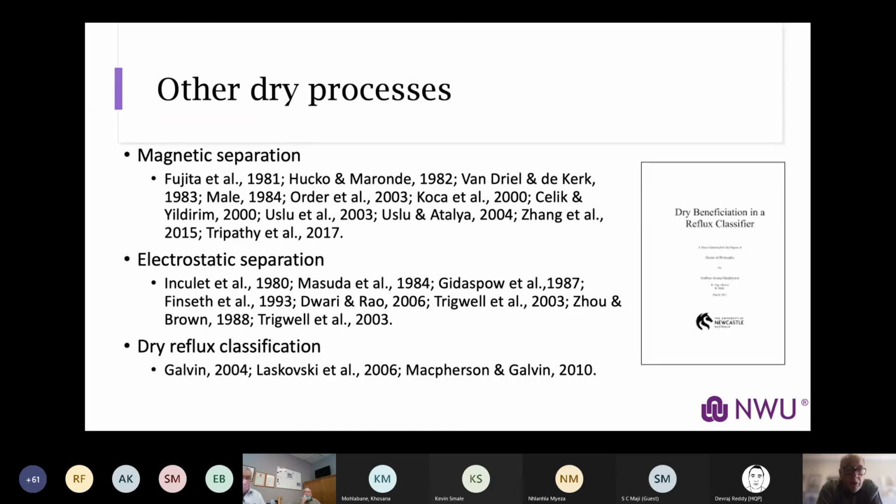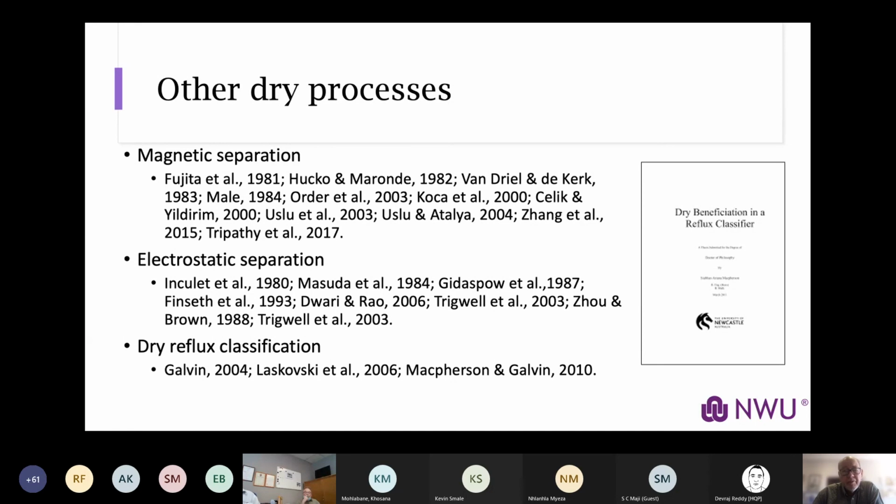Now, I'm not going to go into too much detail on magnetic separation. Well, not any detail at all. SACPS, electrostatic separation, and the reflux classification. But when this presentation is circulated, you've got all the references there. So if you're interested in some of these, you can go for it. The magnetic and electrostatic separation, of course, you need to go to much smaller sizes.